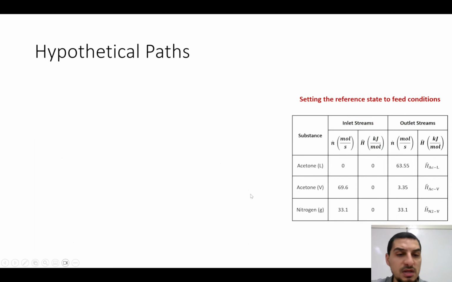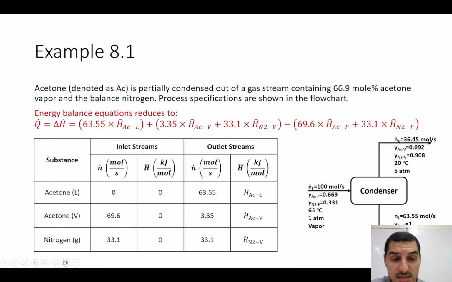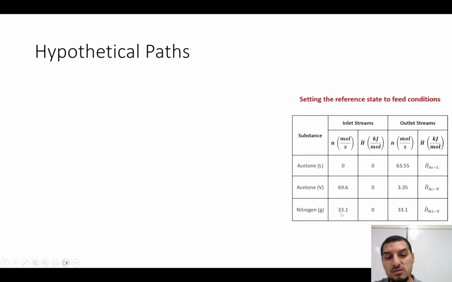For the hypothetical paths, we will do one for acetone in the liquid stream, one for acetone in the vapor stream, and one for nitrogen in the vapor stream. Keep in mind that the feed conditions are the reference conditions. So the reference is vapor at, I don't remember the temperature, it was 65 degrees Celsius and 1 atmosphere.